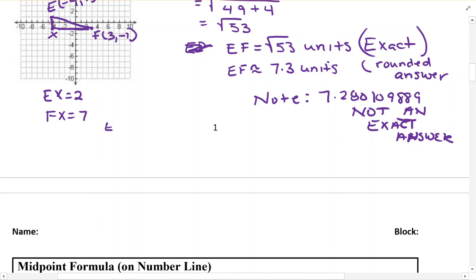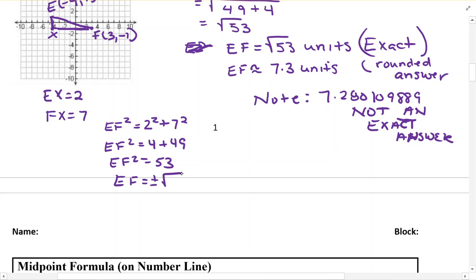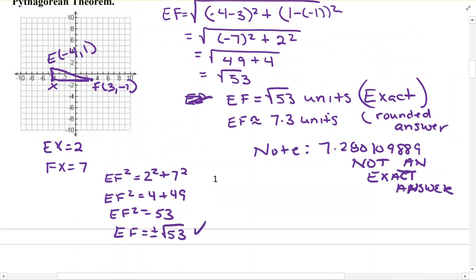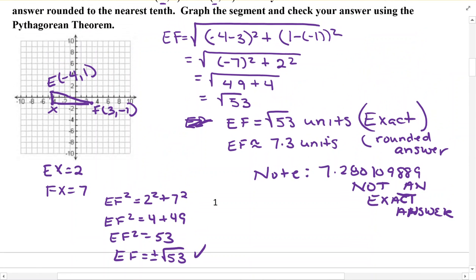So EF squared would equal 2 squared plus 7 squared by the Pythagorean theorem. EF squared would be 4 plus 49, so EF squared would be 53. So EF would equal plus or minus root 53. And we checked our answer. We can always do it by the Pythagorean theorem, and that is really how we came up with this formula.